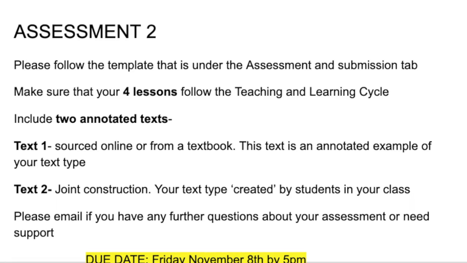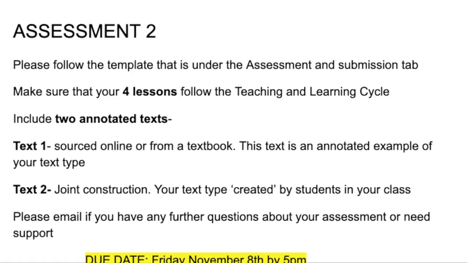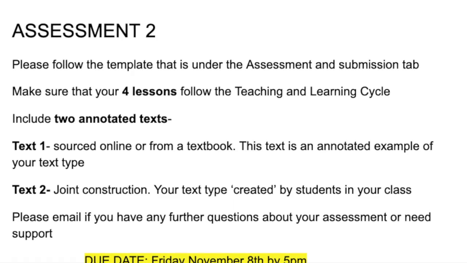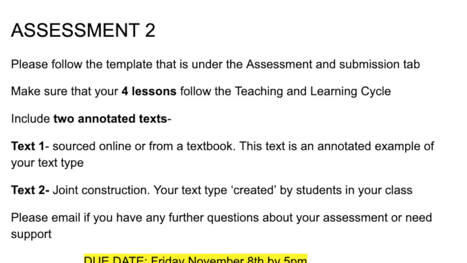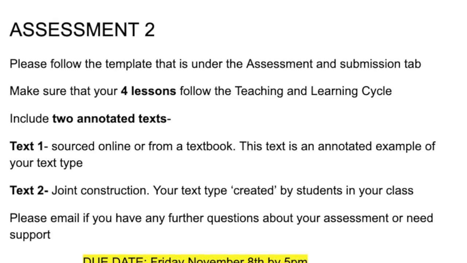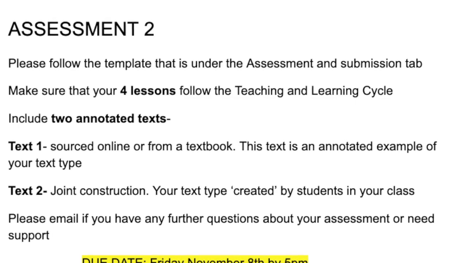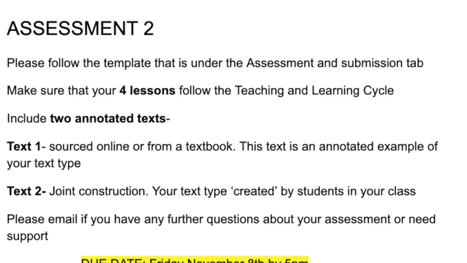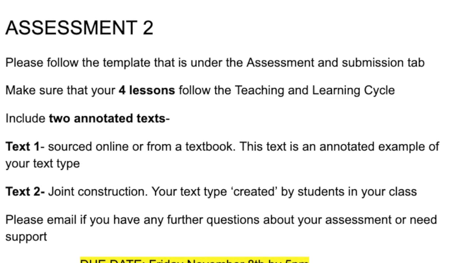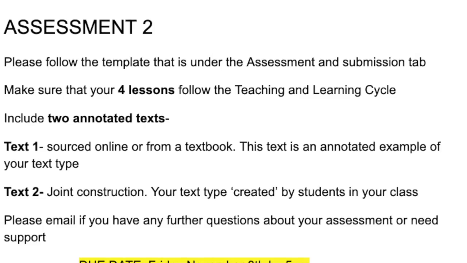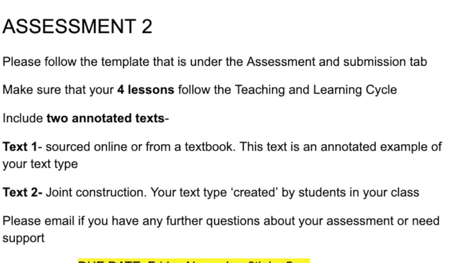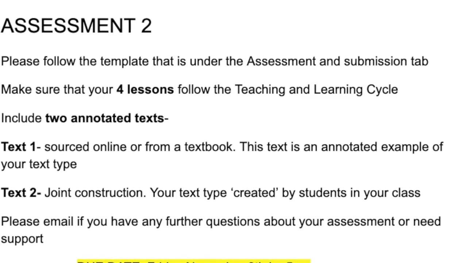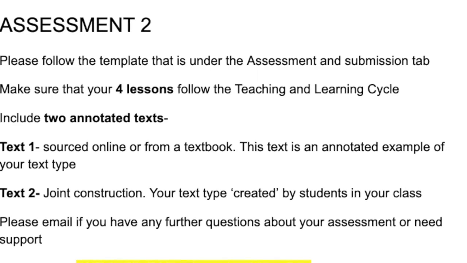Okay, so please follow the template that is under the assessment and submission tab. Make sure that your 4 lessons follow the teaching and learning cycle. Include the 2 annotated texts, so one sourced online from a textbook. This text is an annotated example of your text type. Text 2 is a joint construction.